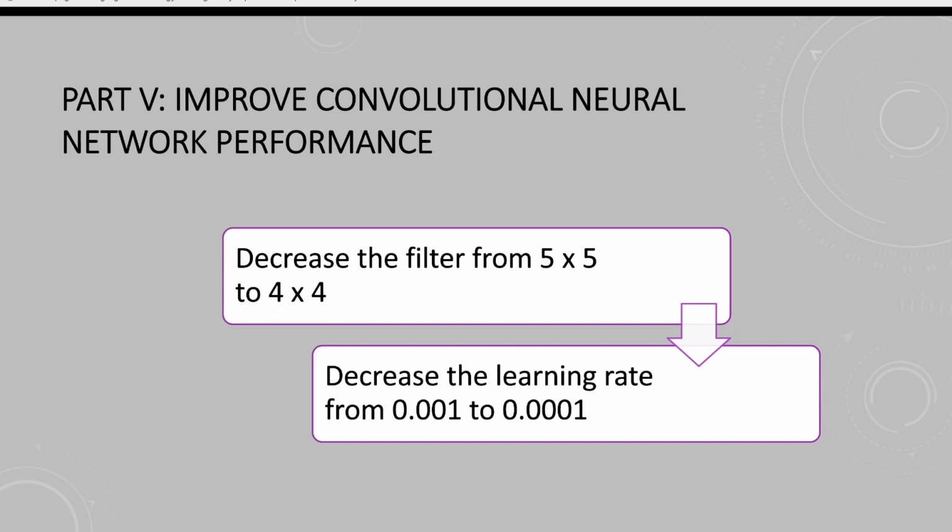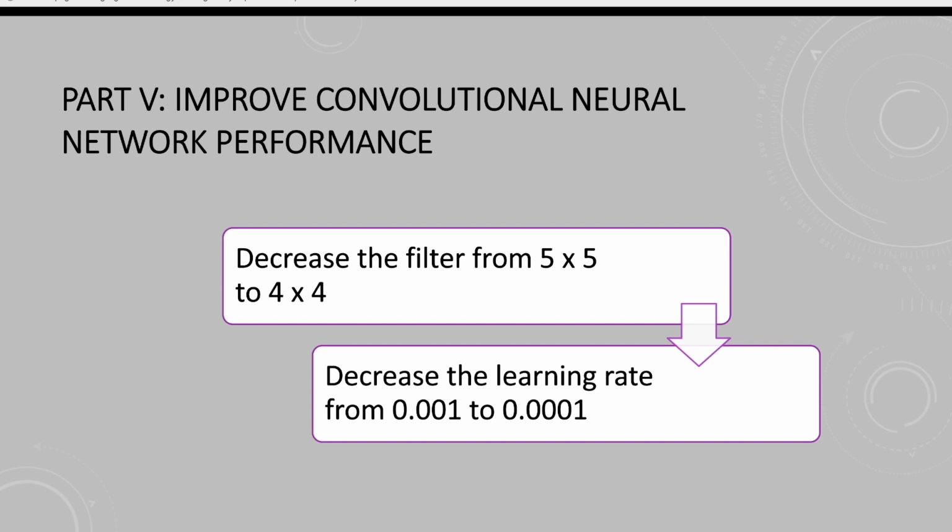In part 5, we will improve the performance of the CNN model on the CIFAR-10 dataset. I try to improve the CNN model on CIFAR-10 by decreasing the filter from 5x5 to 4x4, because the smaller the filter, the more complex the model gets, so it will increase the accuracy by theory.